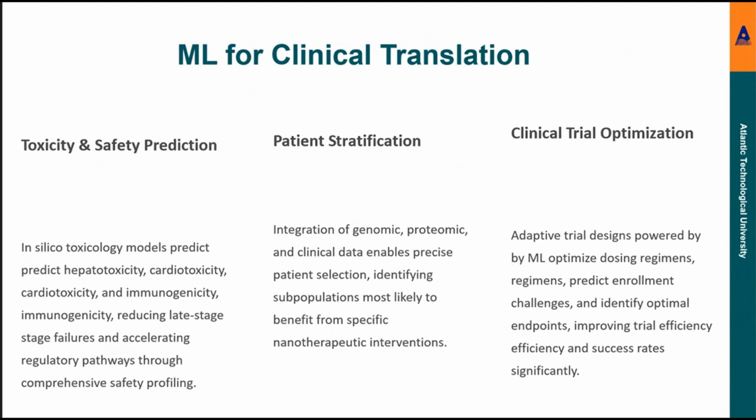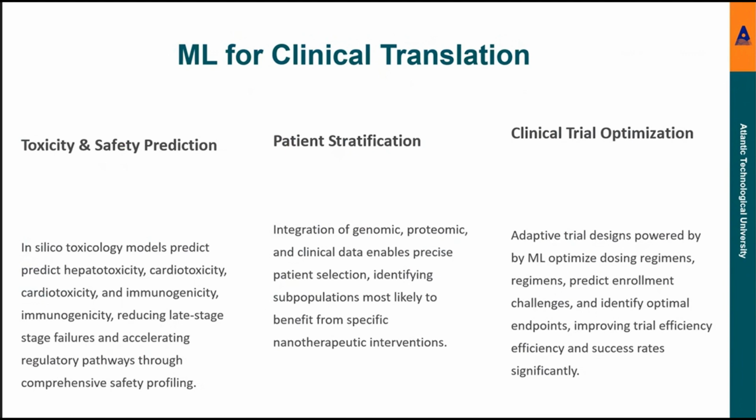We can make use of machine learning to predict how the nanoparticle is going to behave in the body system and how the body system is going to respond to that particular nanoparticle. We can use machine learning to predict the toxicity of the nanoparticle. We can also take into consideration the metadata or clinical data of the patient to know if the patient is going to respond to that particular treatment approach.